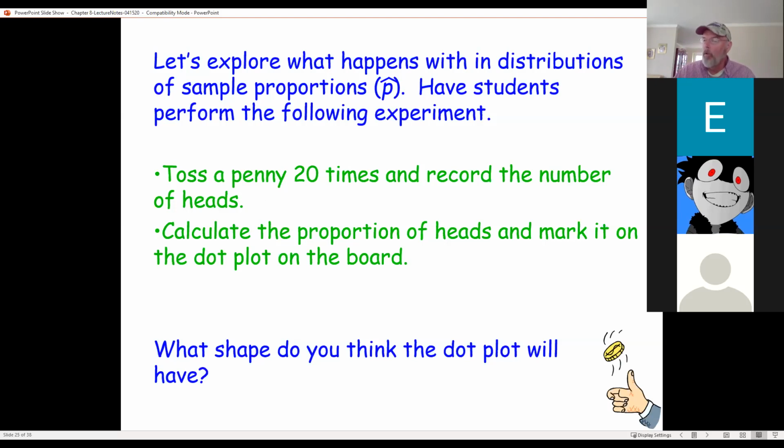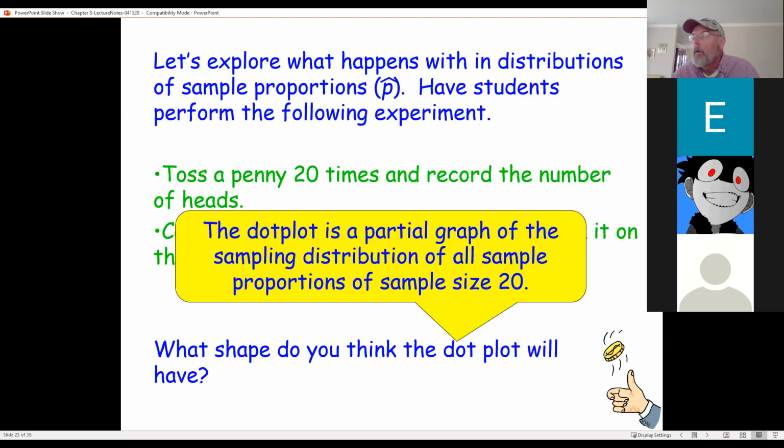We would do this over and over again, maybe 500 times. So we would build a dot plot and understand what the shape of the dot plot should be. We have a sample size of 20, and we're going to create a sampling distribution that shows the dot plot.